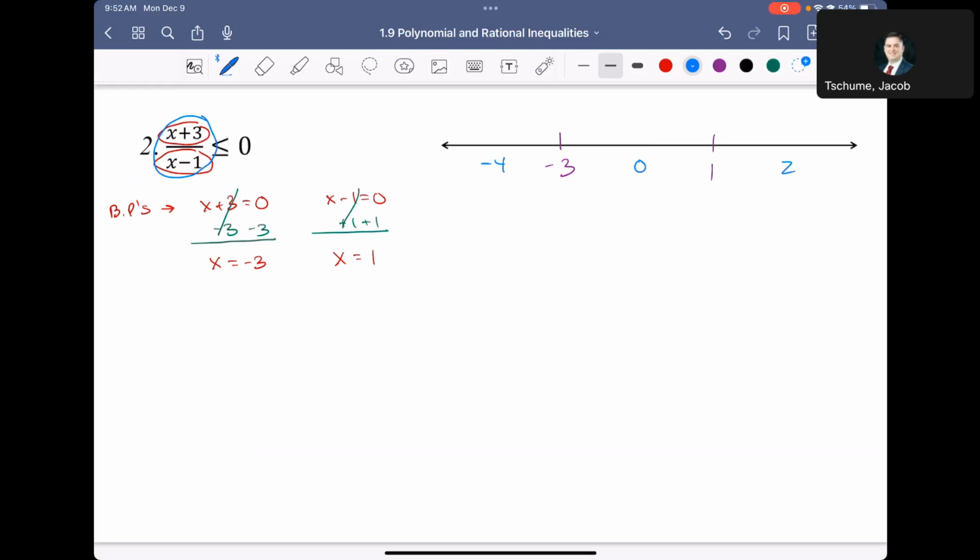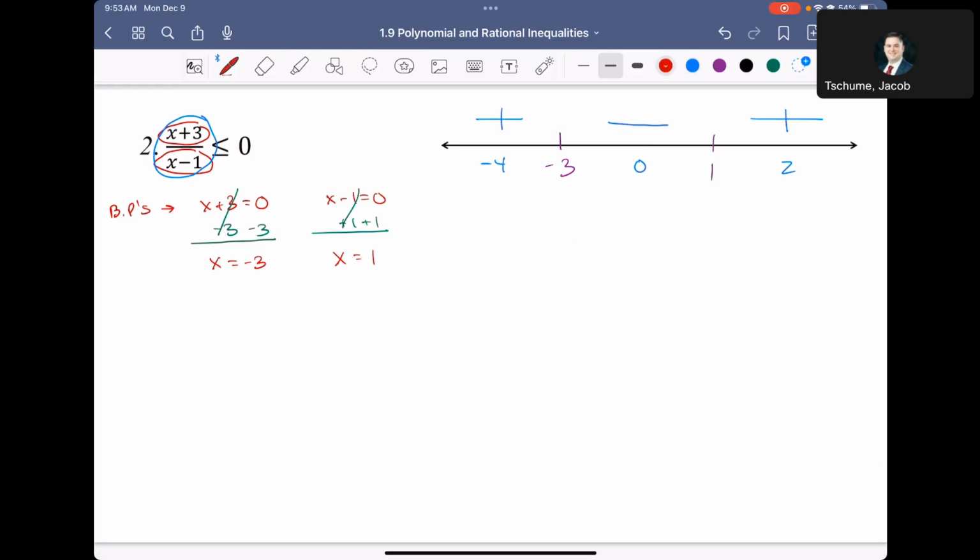So if you were to plug negative 4 into this fraction, you would get a positive answer. Remember, I don't care what the number is, I just care that it's positive. If you were to plug 0 in, you would get a negative number, so I'll put a negative symbol. And if you were to plug in 2, you would get a positive number, so I'll put a plus.